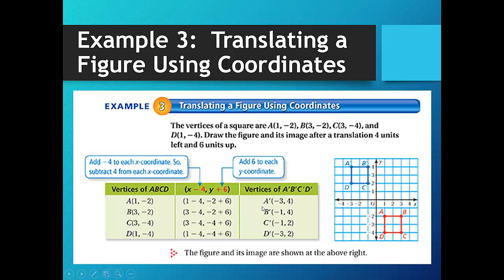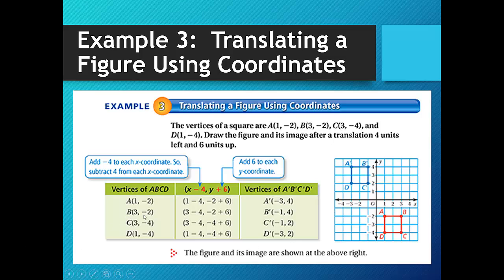So A prime is (-3, 4). You can also see that if you do it like our second example, if we start with A and go 4 units left, 1, 2, 3, 4, and then 6 up, 1, 2, 3, 4, 5, 6, you can see that both ways we get that A prime is at (-3, 4).